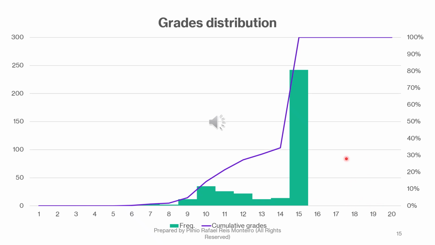So for instance, below the number of 10 points in the simulation, that represents really close to 60 or 70% of the grade, we only have like 15% of students achieving that number. So basically the majority of students achieve the maximum, and a few have grades between 10 and 14.